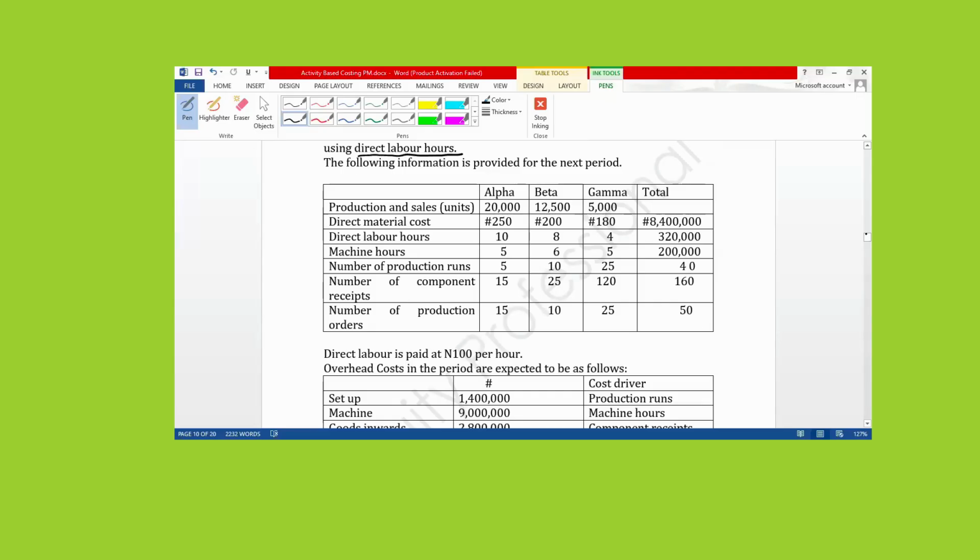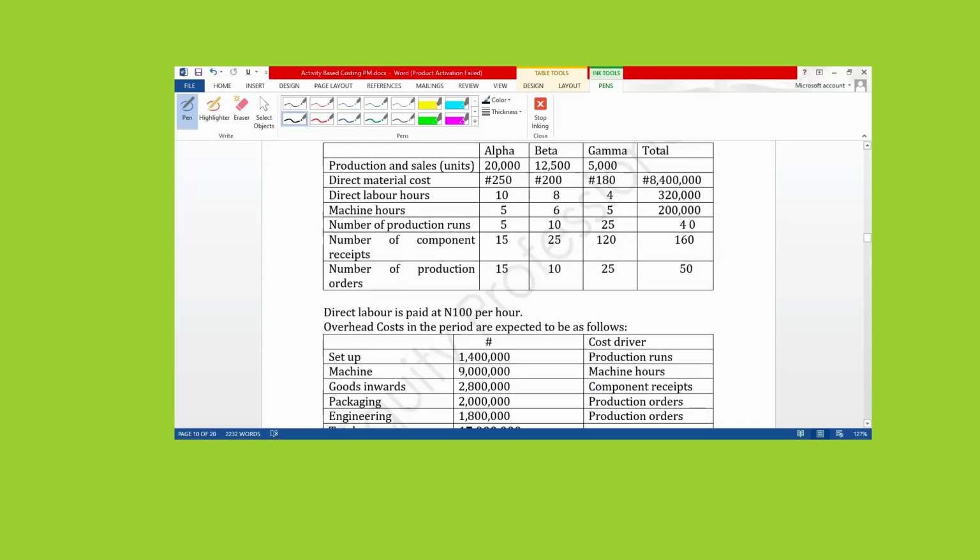You now return here. Please note, component receipt is not related to per unit, unlike machine hour and labor hour, which are related to per unit.